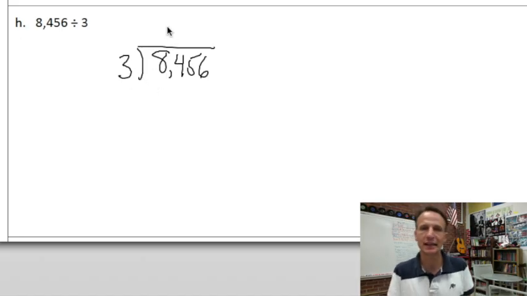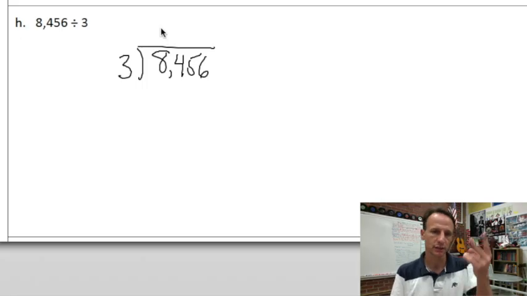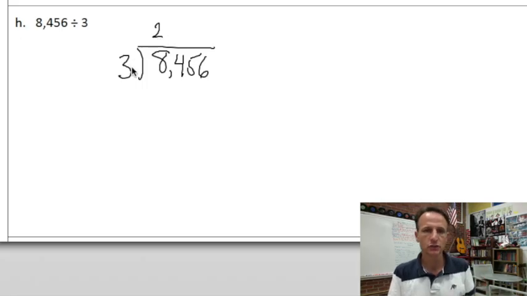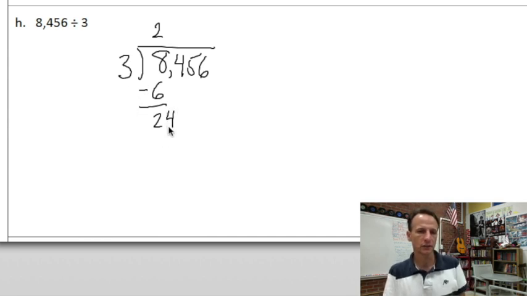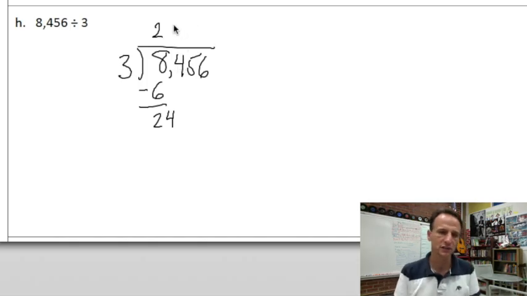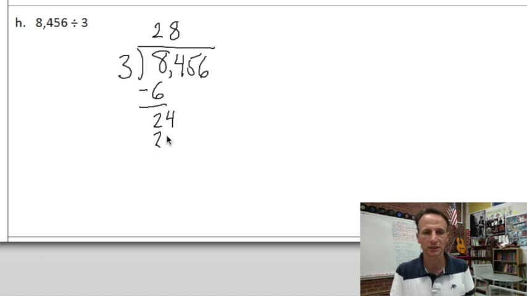How many 3's in 8? 3, 6. Yeah, there are 2 because 2 times 3 is 6. When we subtract, we're left with 2 thousands, but we have hundreds to divide, 4 to be exact. So how many 3's in 24? We've done this several times recently. There are 8 3's in 24 because 8 times 3 is 24.